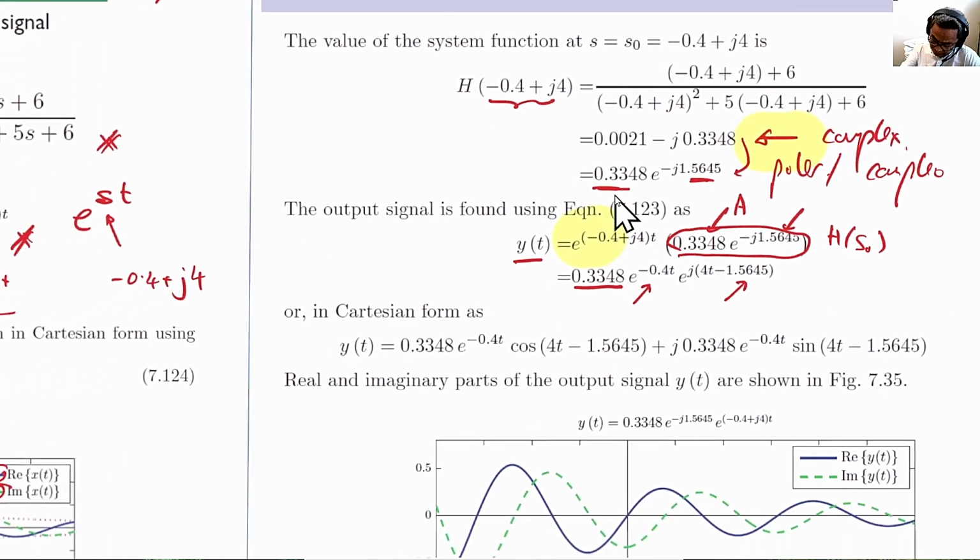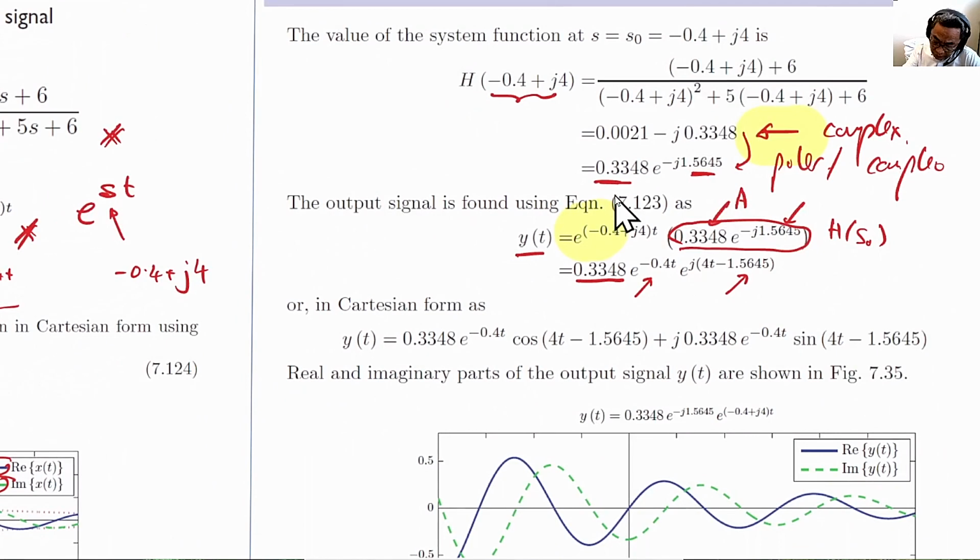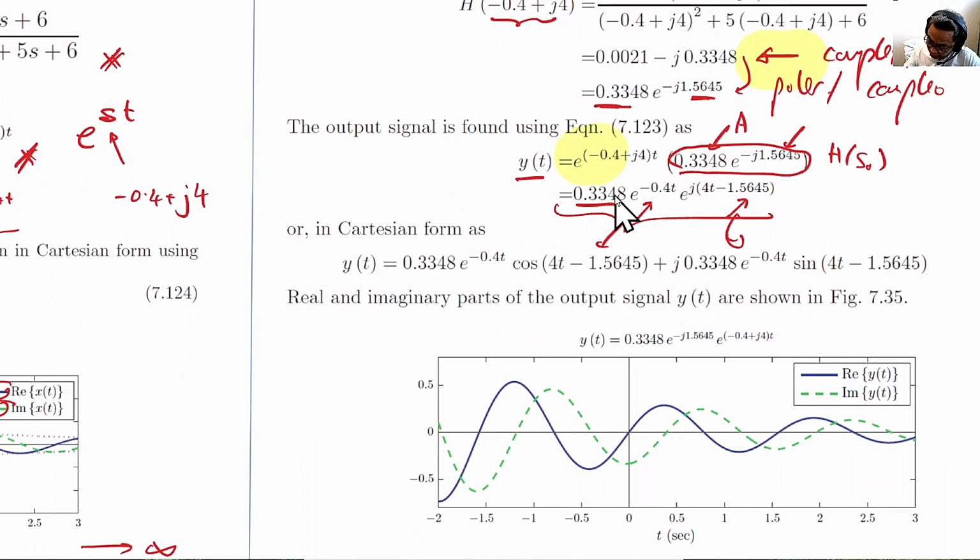Of course, you can then express this as the real part and the imaginary part, and then you can plot the real part and the imaginary part over here. The blue and the green are the real and imaginary parts of y(t).